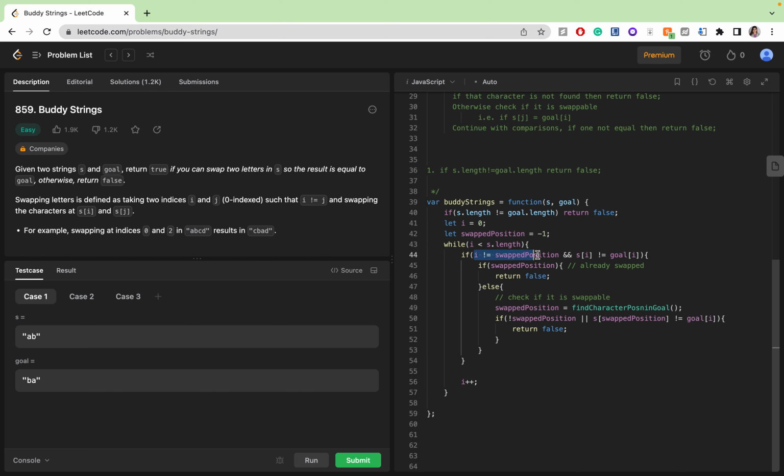Because I do not want to check if it is already equal in swapped position, and si is not equal to goal i, then I'll see if there is a swapped position, and it's not equal to -1, then it means that already swapped, so I return false.